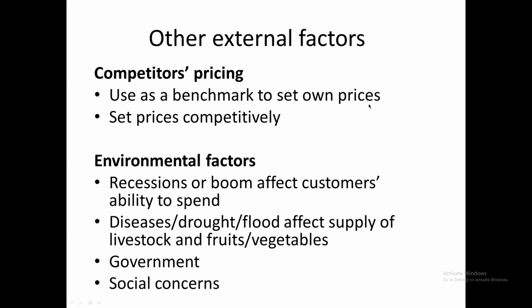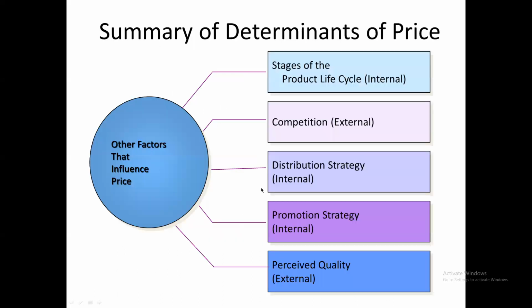Recession or boom in the economy affects customers' ability to spend. Disease, drought, and flood affect the supply of livestock and fruits and vegetables. They may also affect the pricing of our product. And government policy and social concerns also directly affect the pricing of our product.